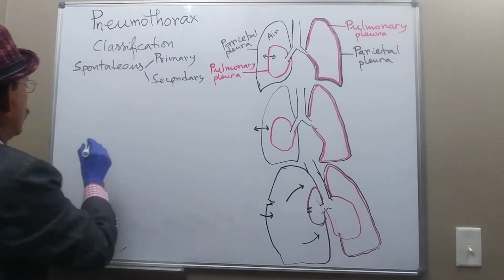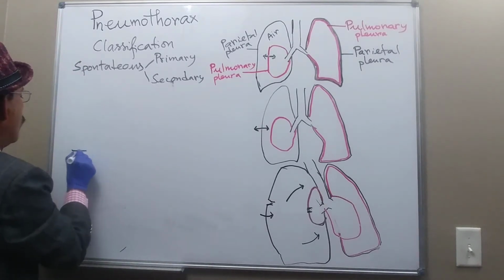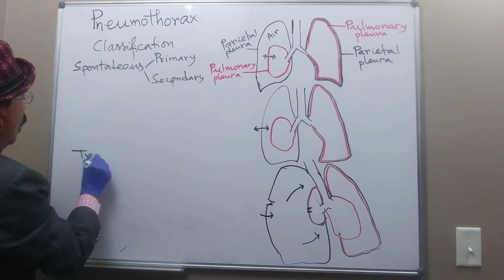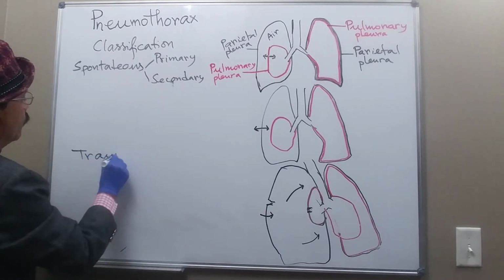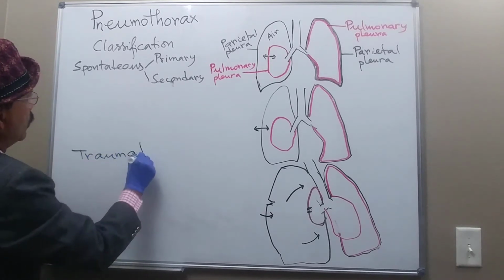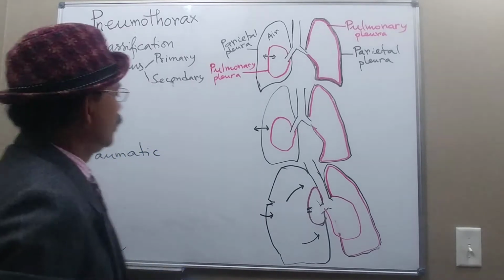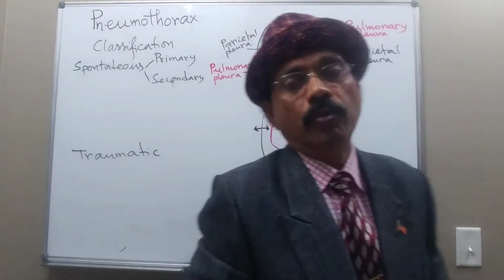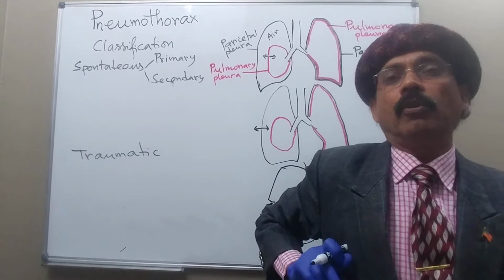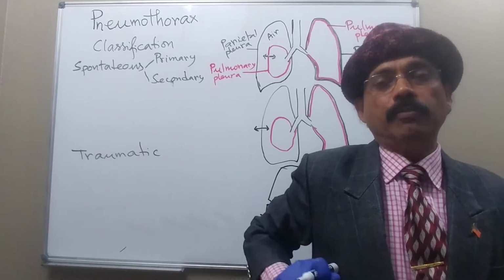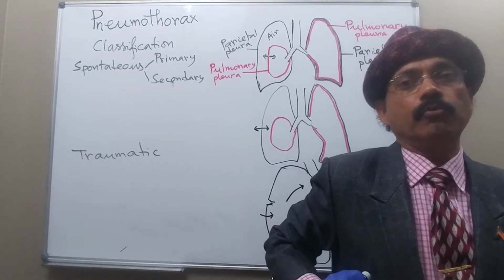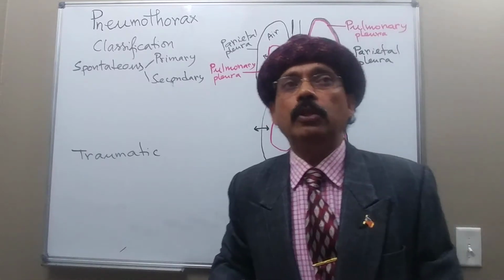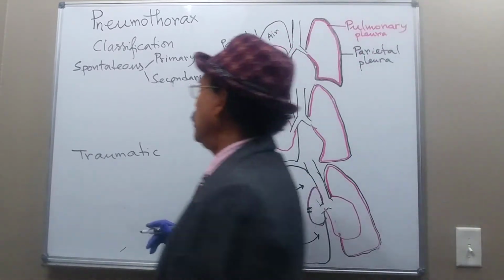Okay, we have another type, it may be due to some type of trauma, so it may be traumatic pneumothorax. Suppose a person got a stab injury or gunshot injury on the chest wall, then we call it traumatic pneumothorax.